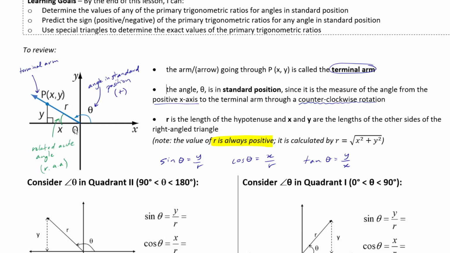The cos theta would be x over r, because that would be adjacent over hypotenuse in the triangle produced by the related acute angle. And then tan theta is y over x, so opposite over adjacent in the triangle produced by the related acute angle.